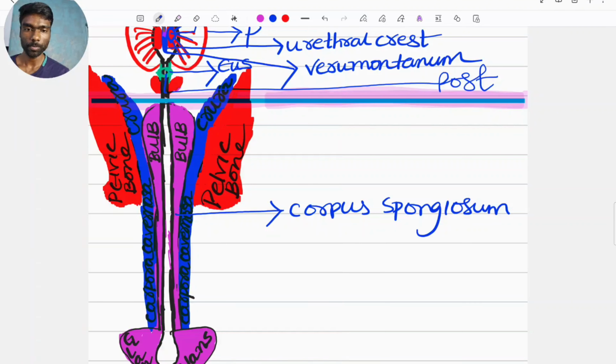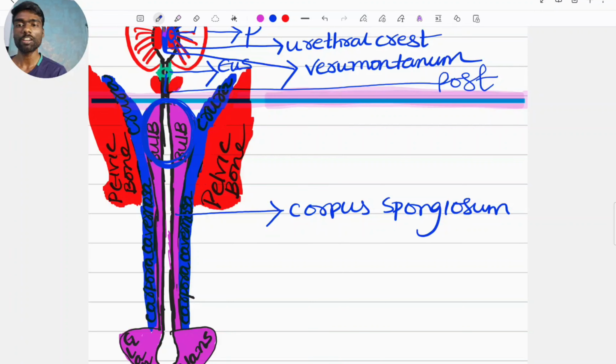One is the corpus spongiosum, in which the urethra passes. The other is a paired structure called corpora cavernosa. This corpus spongiosum at the proximal most part, at the root of the penis, which we can't see, forms an enlargement called the bulb. This is the bulb of the penis. Urethra inside this is called the bulbar urethra.